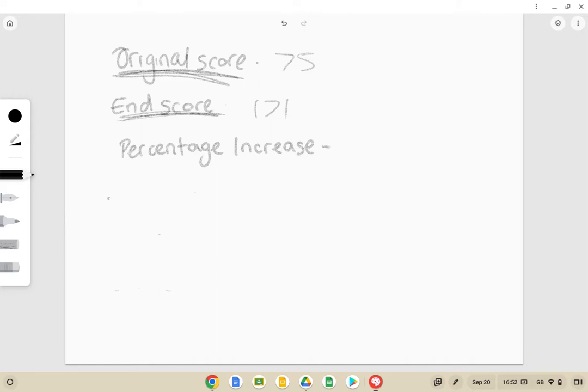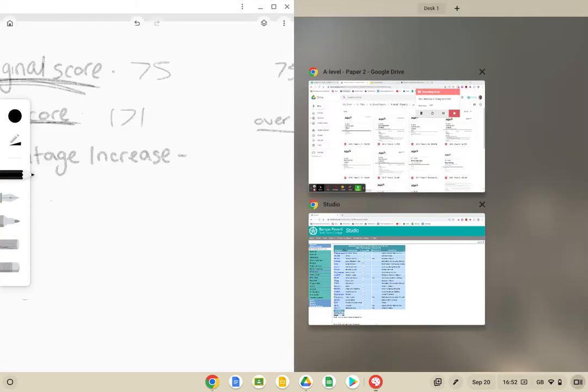So your original score is 75. Now it's clearly gone up by more than 100%. Why? Because 75 times 2 equals 150, and so it's actually gone up over 100%. So the figure we need to end up with, I'm going to predict off the top of my head, is probably around the 120 to 125 mark.